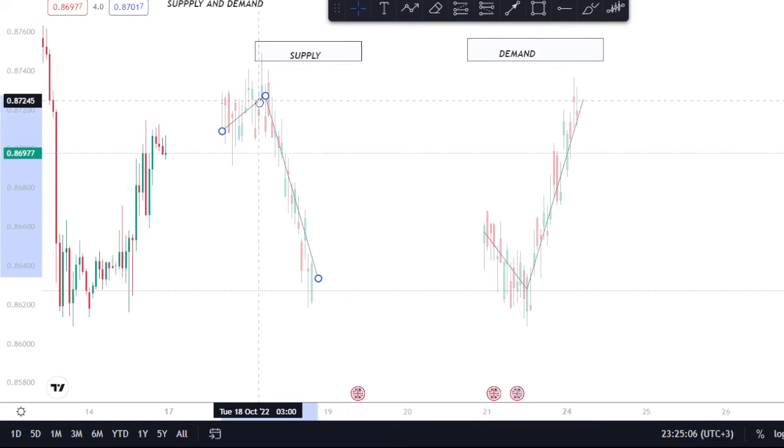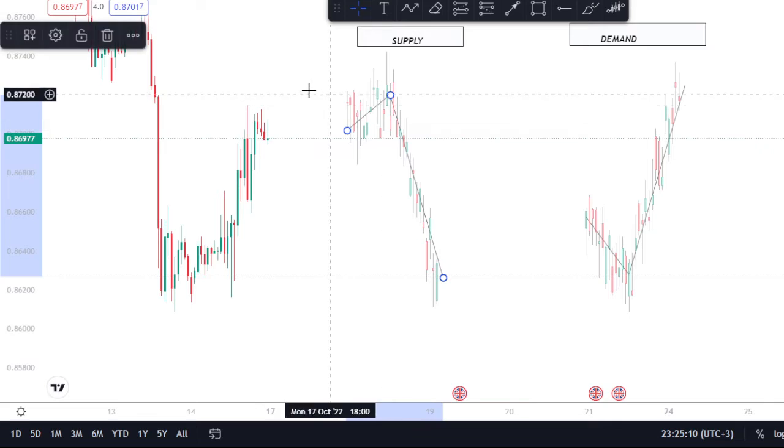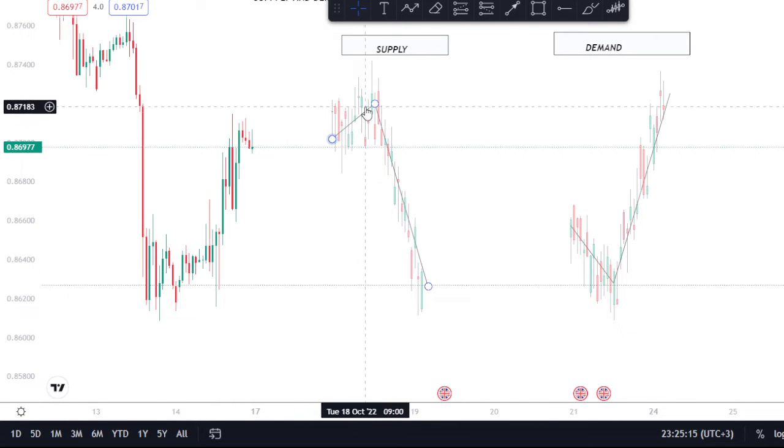For revision's sake, let me explain again what I'm saying. When the forex market is moving, and the buyers came into the market, there is a point of time that the sellers want to take over, coming into the market with an aggressive move.